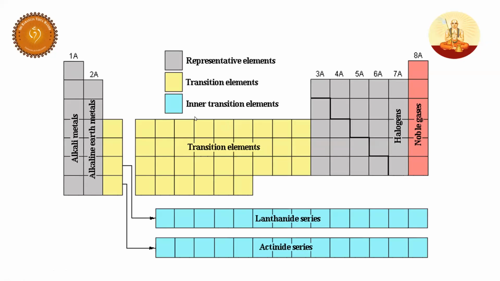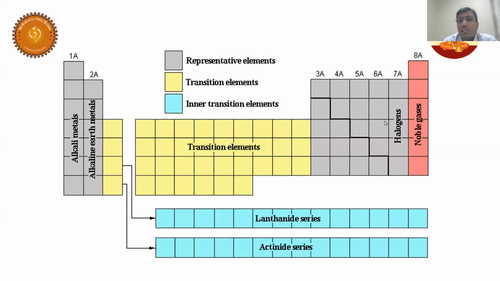Similarly, you have D block elements, that is the transition metals, as well as F block elements, that is lanthanides and actinides. So the periodic table is broadly classified into 4 types, right? That is S block, P block, D block, and F block elements. Our discussion is all about the P block.